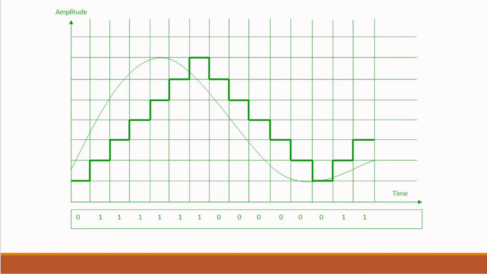This is an example of the delta modulation technique. As we can see from the graph, initially the analog signal is higher than the digital signal value. So we move up the staircase, and then we compare the previous state and the current state values. Since the current state value is higher than the previous state, we store 1 in our data set.